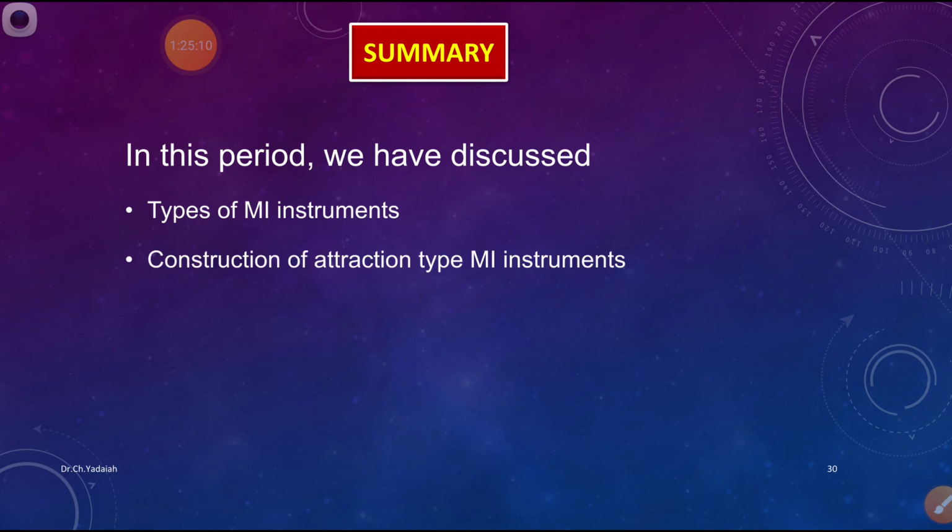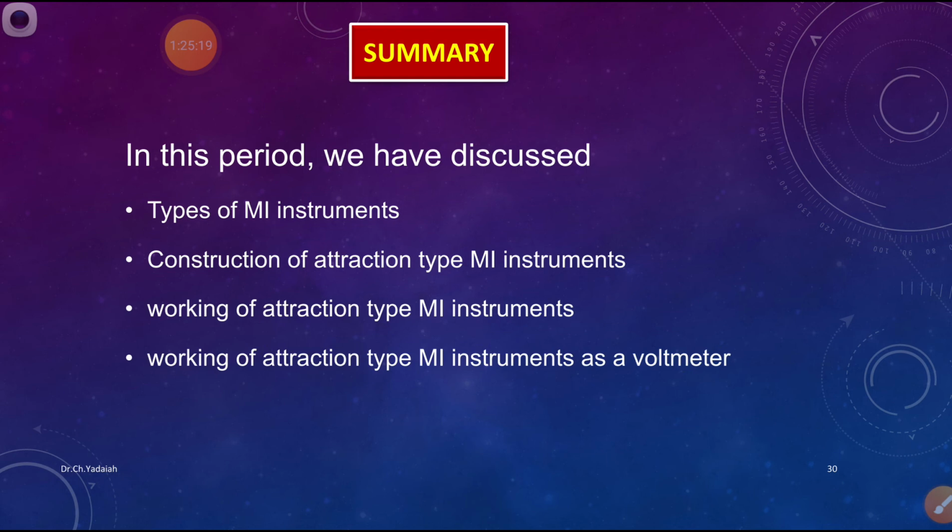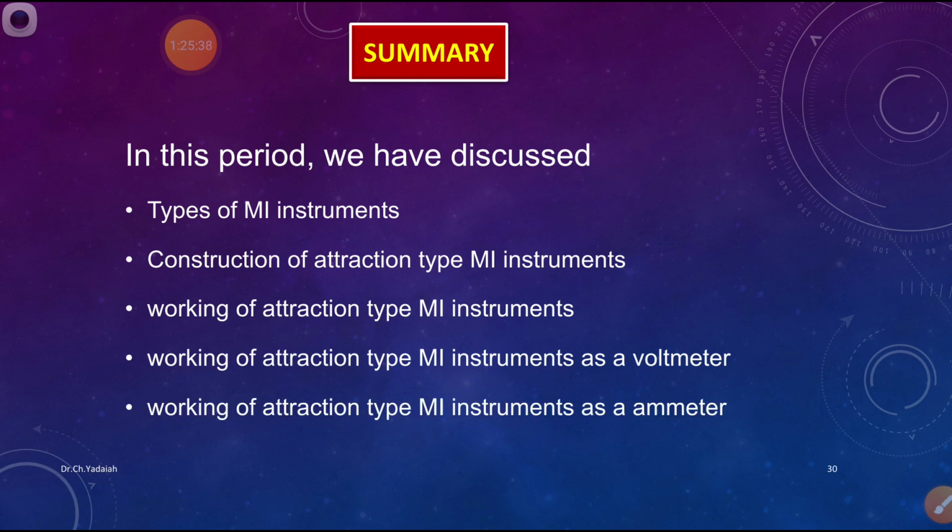We covered the construction and working of attraction type moving iron instruments, and their working as a voltmeter and ammeter. Similarly, we have seen the construction and working principle of repulsion type moving iron instruments, and their use as a voltmeter and ammeter.